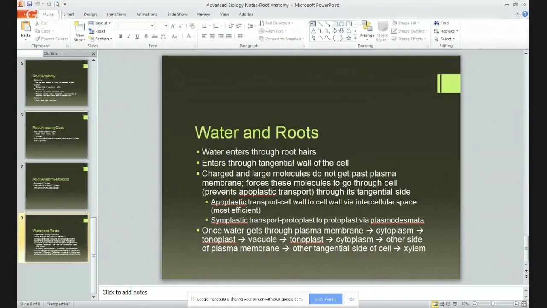So that's one way water can travel. The other way is if it's forced to go through the plasma membrane, through the cell. That's symplastic transport, which is when it goes from protoplast to protoplast.